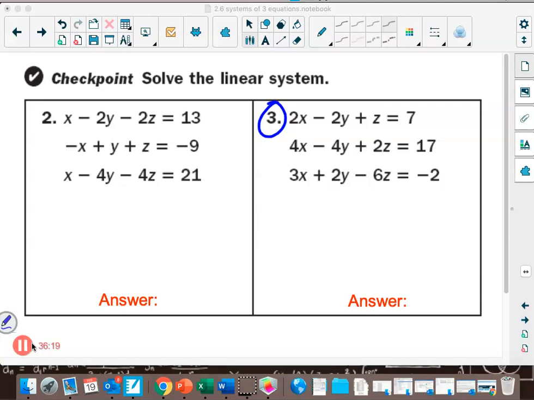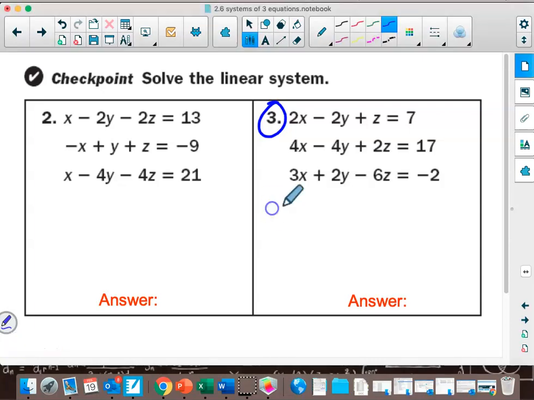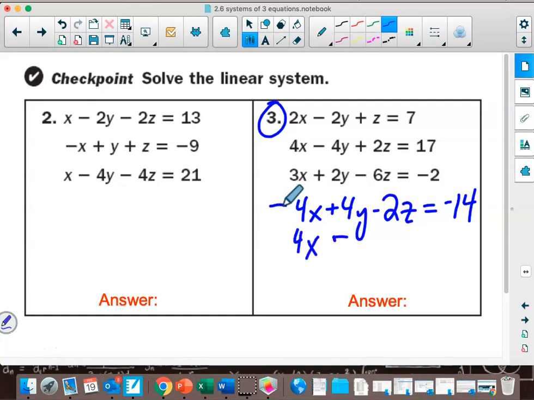Tori, what did you multiply the first equation by? -2. Tell me what you get when you multiply. -4x plus 4y minus 2z equals -14. Good. And then you write the middle equation: -4y plus 2z is 17.